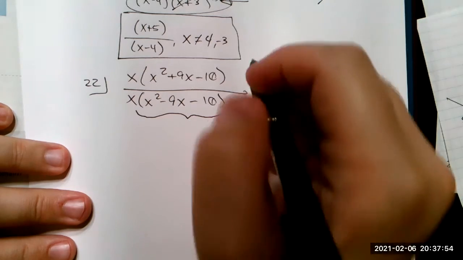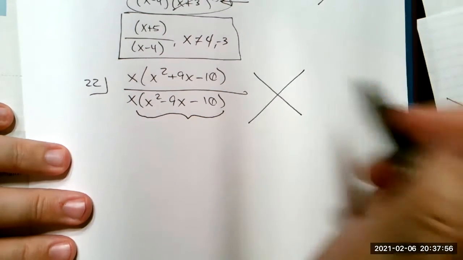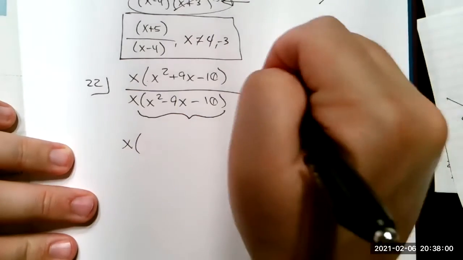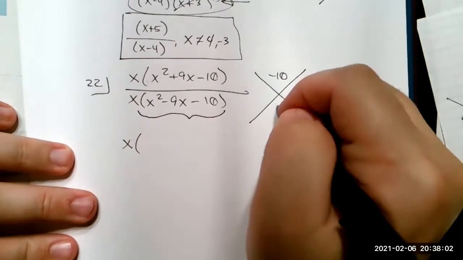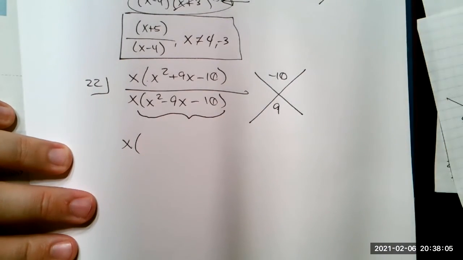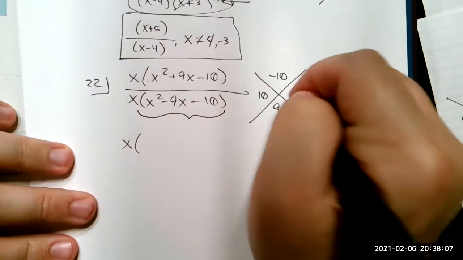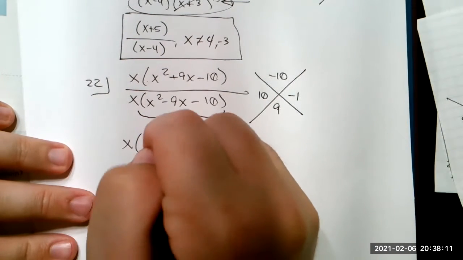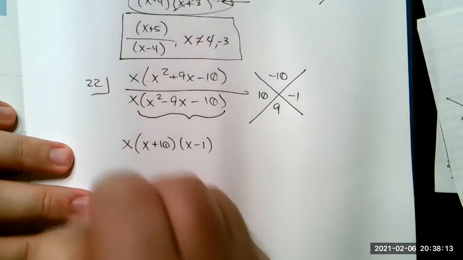But I can continue to factor this. So if I set up my numerator, 1 times -10 is -10. 9 is down below. 2 numbers that multiply to -10 and add to 9 are 10 and -1. So it's going to be x plus 10 times x minus 1.